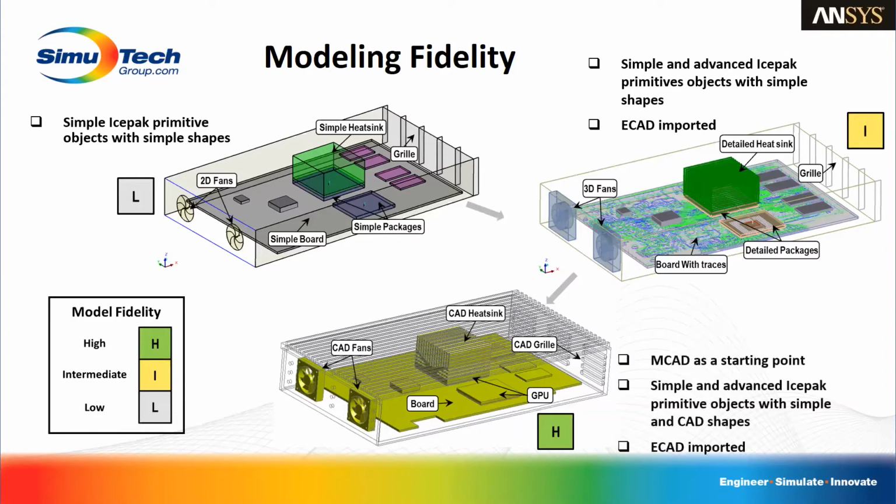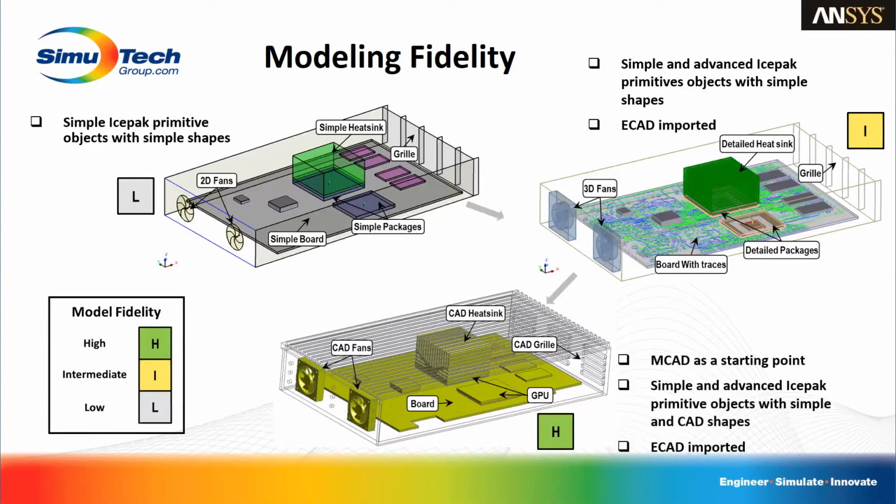And then the high model fidelity would be where we use MCAD as a starting point, and we would bring in some kind of a model, either through SpaceClaim potentially, or just as a step model, an IGES file, Parasolid, something like that. We can import that into Icepack.